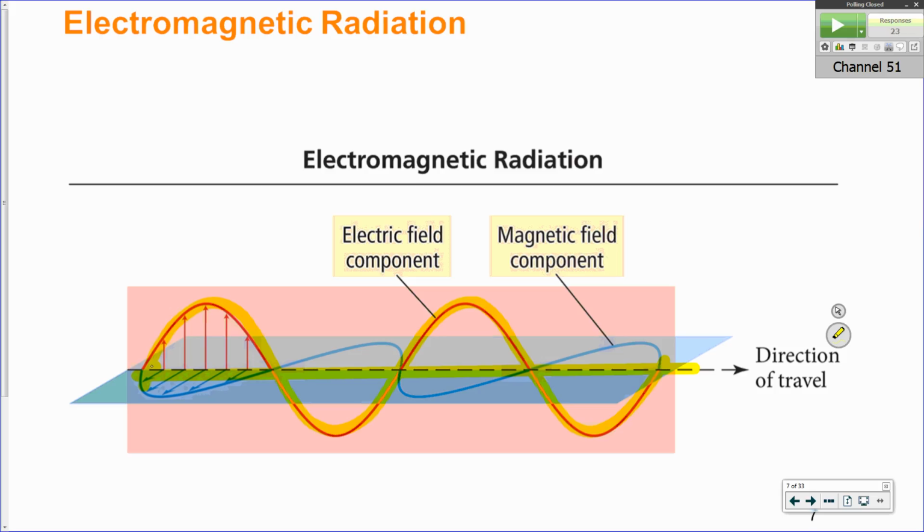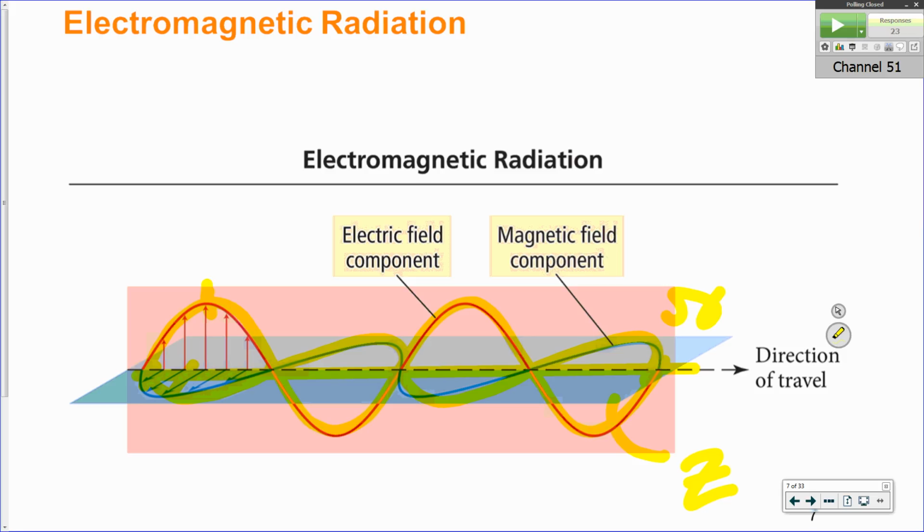So if this were the y-axis, the one coming out on the board we think of as the z-axis, and this one would be the magnetic component. The key thing about it is that they're at the maximums at the same point, and they're at the nodes at the same point. So they're doing the same things, just in opposite directions.